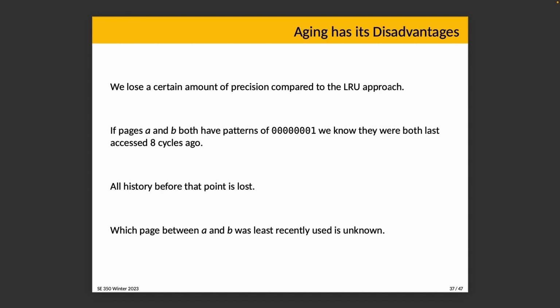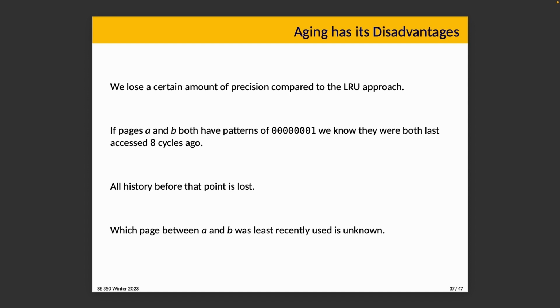We do lose a little bit of precision as compared to the LRU approach. If pages A and B both have usage patterns of 7 zeros followed by a 1, we know they were both last accessed 8 cycles ago, where cycle in this case refers to the information about when we shift it and when we mark something as 0 or 1. And all history before that point is lost.